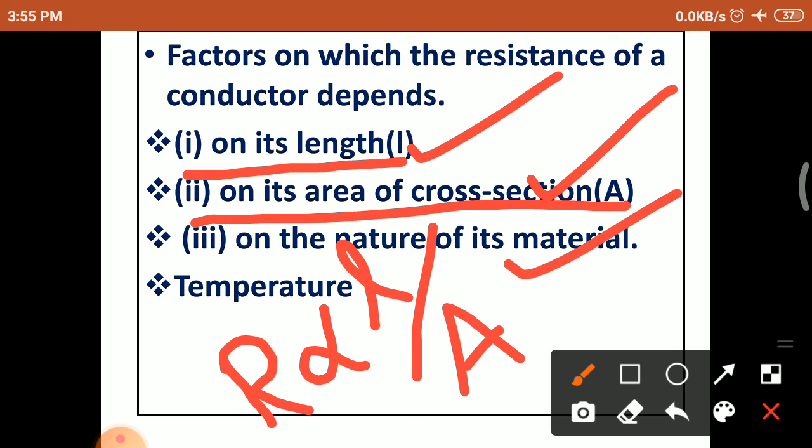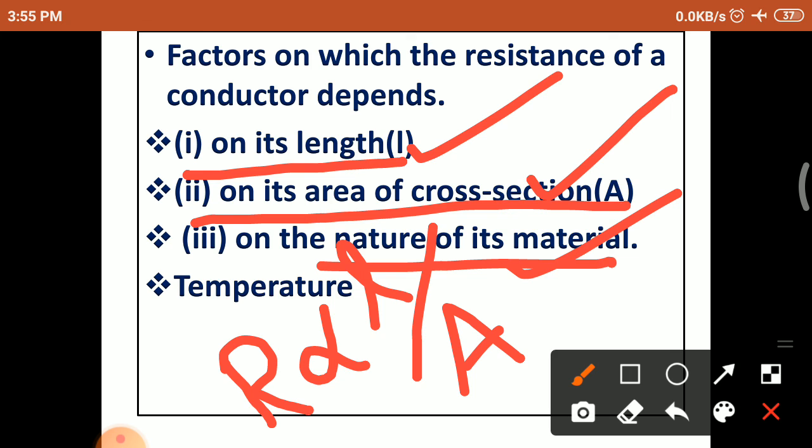And what is meant by the nature of the material? In this activity, in the last case, instead of nichrome wire, I used copper wire. When I changed the nature of the material from nichrome to copper, the current and the resistance value also changed. So the nature of the material affects the resistance value.